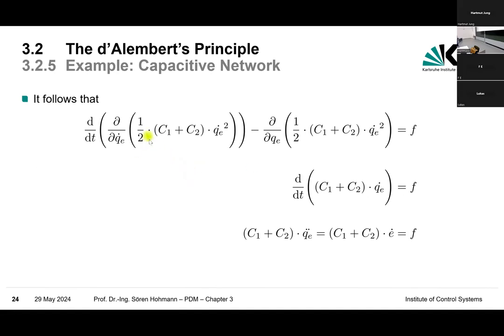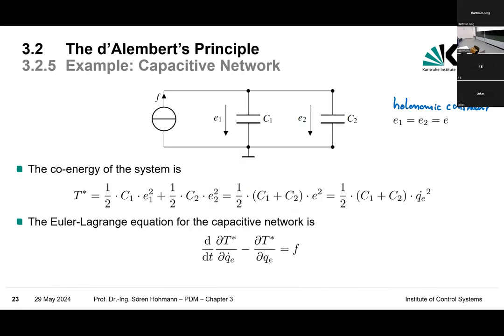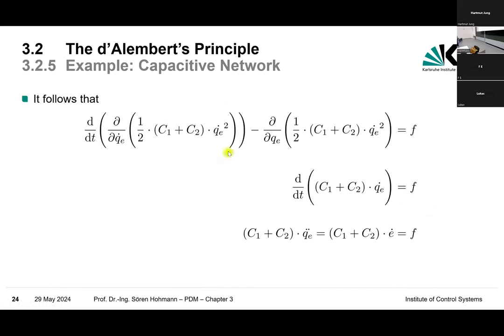So okay, first take the derivative of a half C1 plus C2 QE dot squared, which is the equivalent of E squared, QE dot, the same. By definition, I have to derive with respect to QE dot, and then do the time derivative, and the second with respect to QE, and this has to equate to F. Okay, so what do we get?